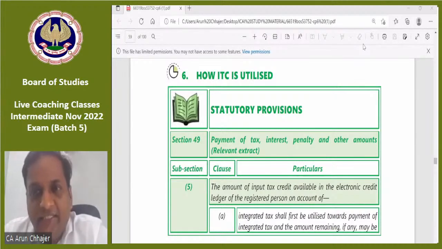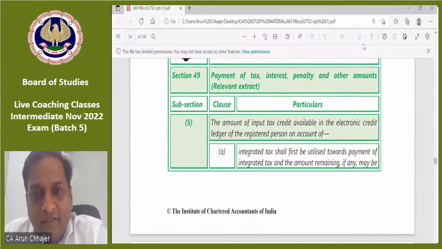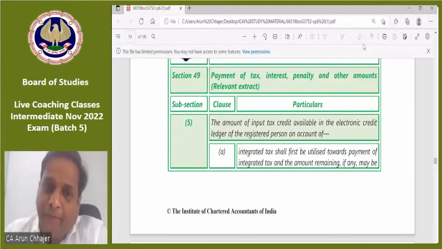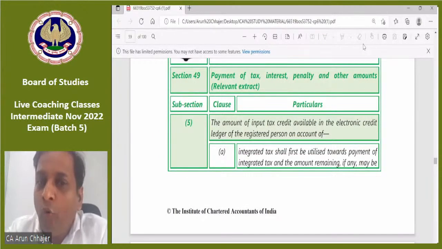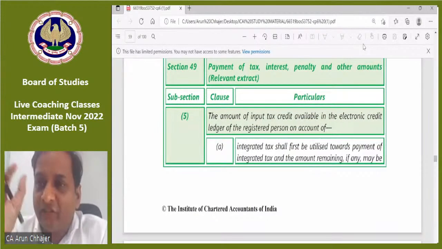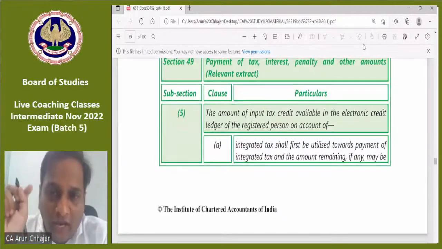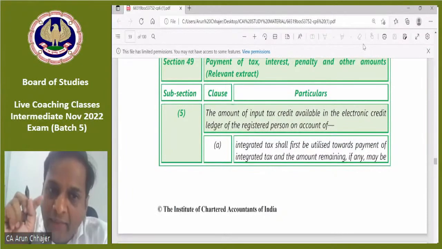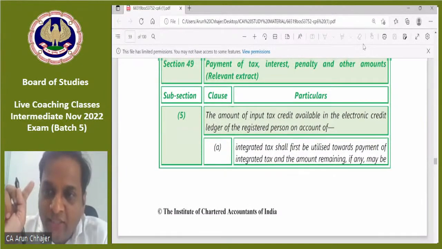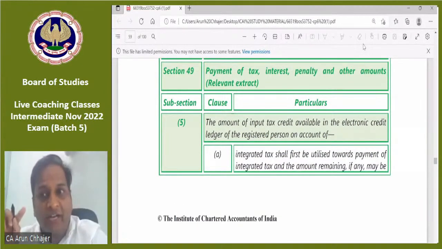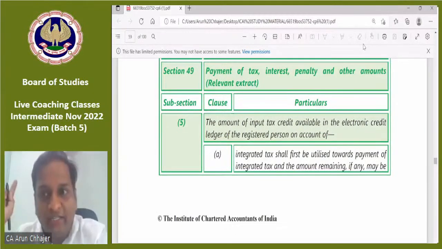Section 49, subsection 5. It says that the amount of input tax credit, in short I will use the word ITC, the amount of ITC available in the electronic credit ledger. What is the meaning of electronic credit ledger? We have already discussed.